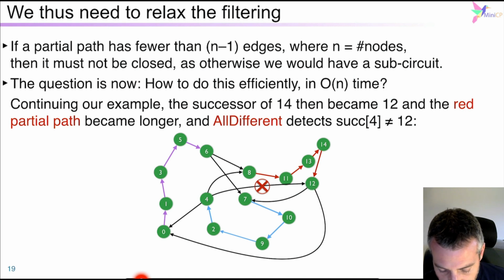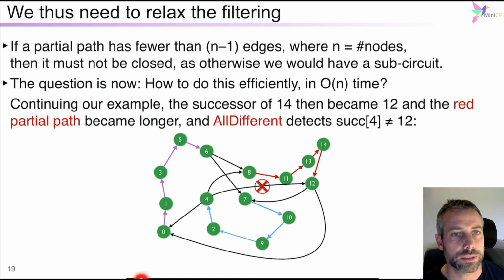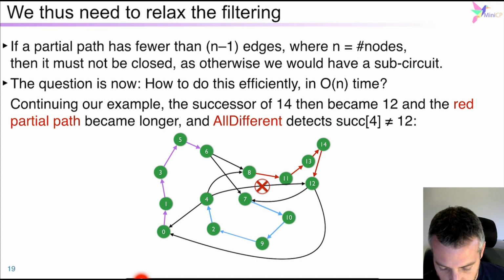It means that this edge from 4 should also be removed, because otherwise we would have the same successor for 2 different cities, and that's not allowed. So we remove this edge as well by the reasoning of the all different constraint. That's the forward checking reasoning on the all different constraint that will be able to detect that.